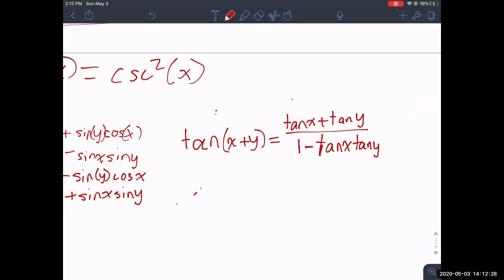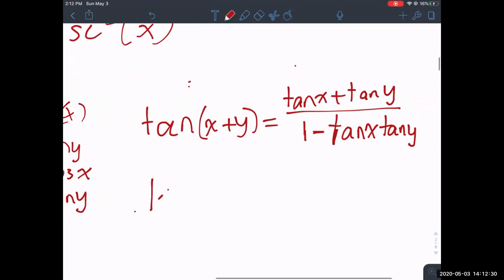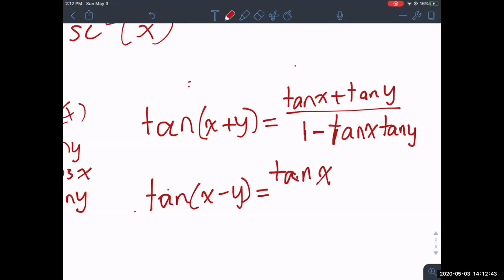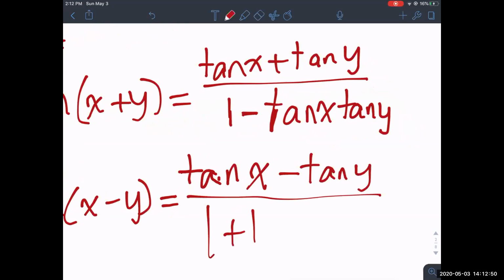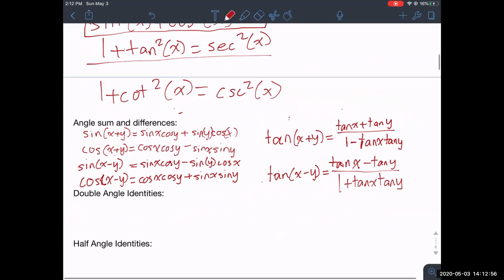So that's the tangent one, and then for tangent I might as well just put in the subtraction one too: tangent x minus tangent y over 1 plus tangent x tangent y. All right, so those are definitely really important.